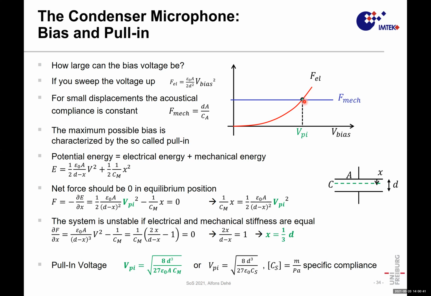Yeah, and we can find this critical point with an energy equation. So potential energy is equal to the electrical and mechanical energy, which we can simply write in this formula. Then we check for the net force being 0 at equilibrium position. So we derivate the energy over x, and we get the forces and set this equation to 0.